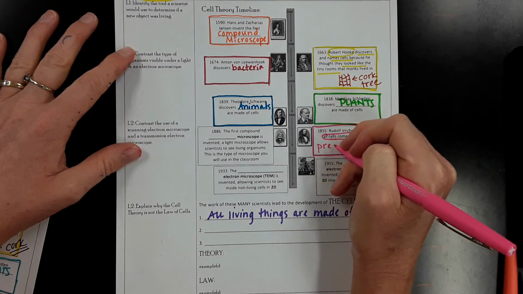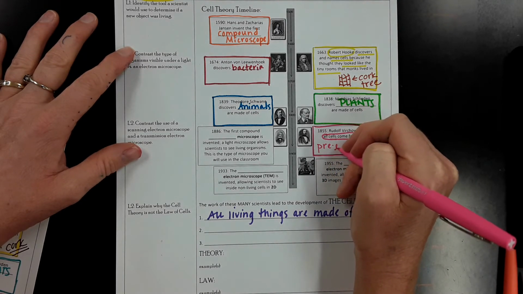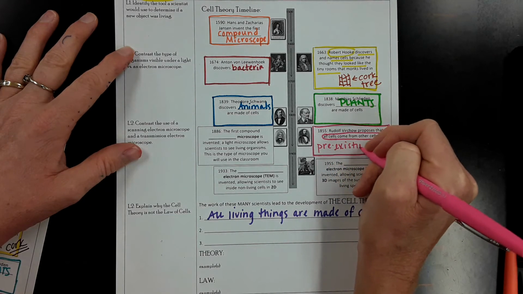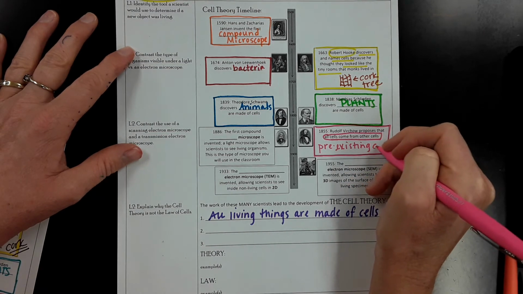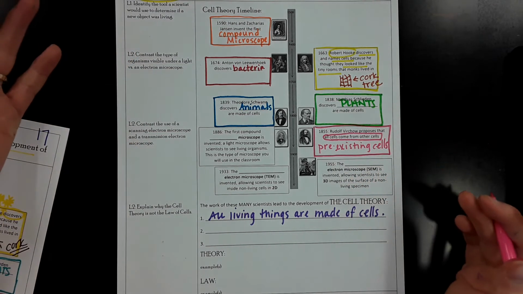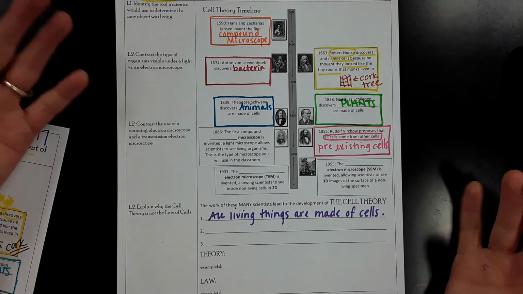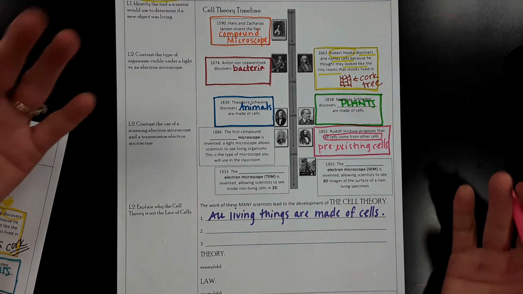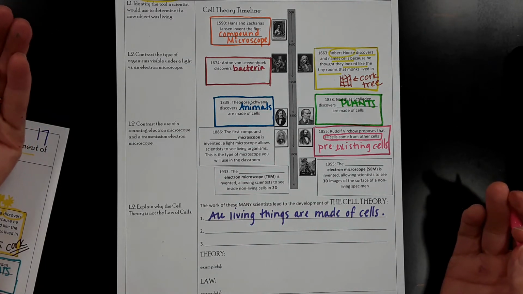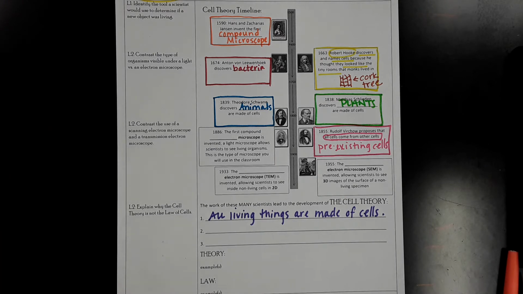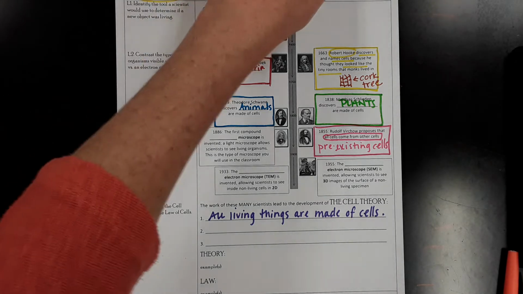And this brings us to another part of the cell theory, which is that cells come from pre-existing cells, which means for you, your cells, you didn't just poof into existence one day. You came from cells from your biological parents, and your biological parents came from cells from their biological parents.